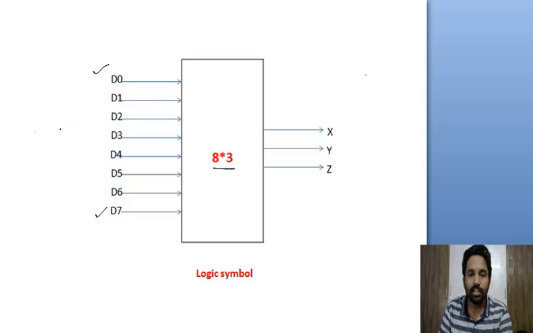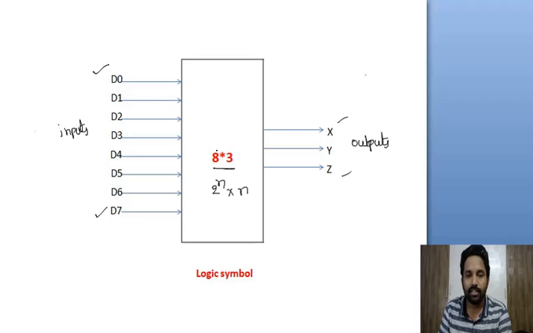So all these are the inputs, and the outputs are observed here as X, Y, Z. From D0 to D7, that means a total of 8 inputs and 3 outputs. Observe here, this is 2 power n into n, where 2 power n is nothing but 8.